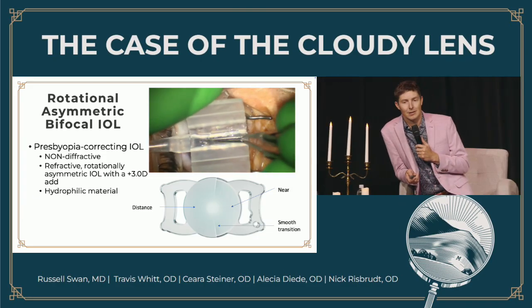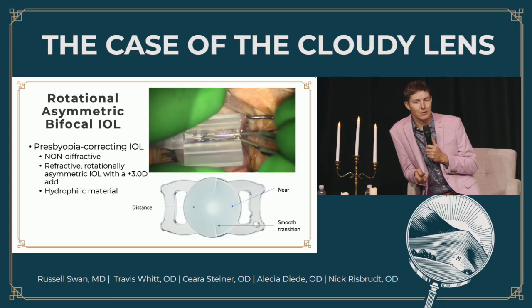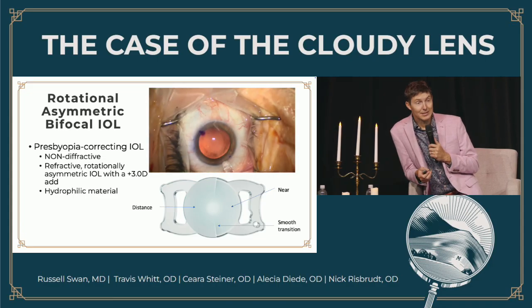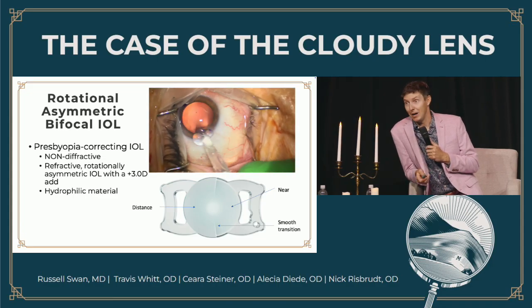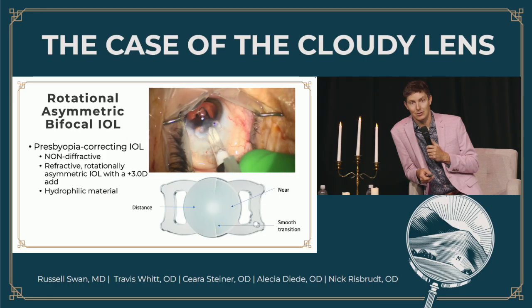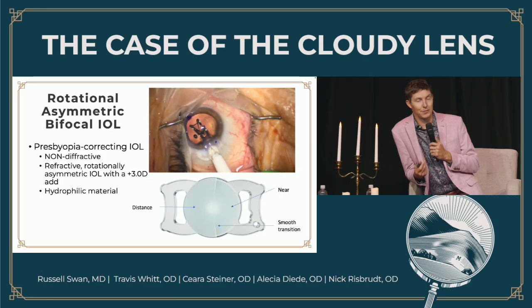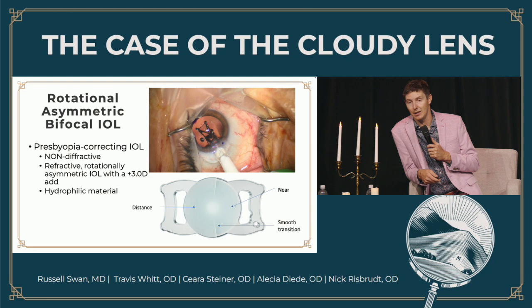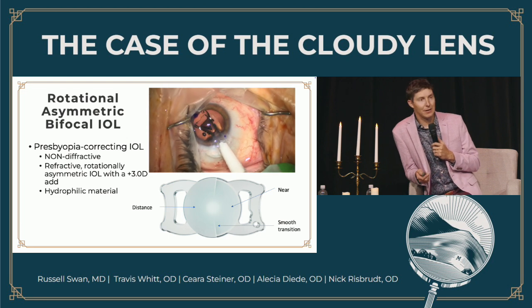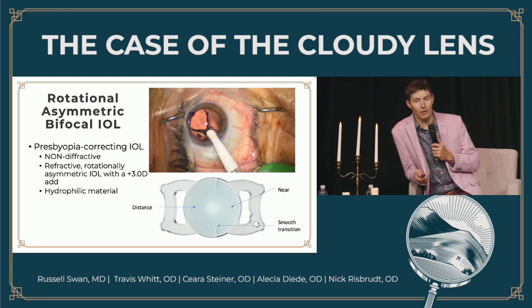So a couple of our sites have been part of the trial for this lens. But this is effectively a lined bifocal lens that's placed in the eye. Part of the light that's coming in gets focused at distance and part of it gets focused up close. It's currently not available in an astigmatic or toric correcting option.